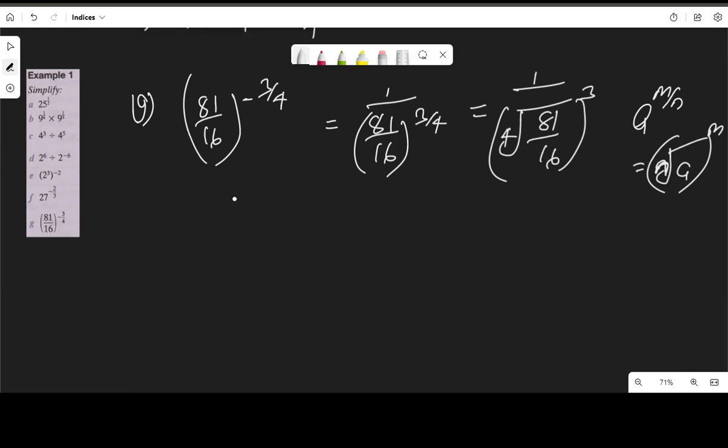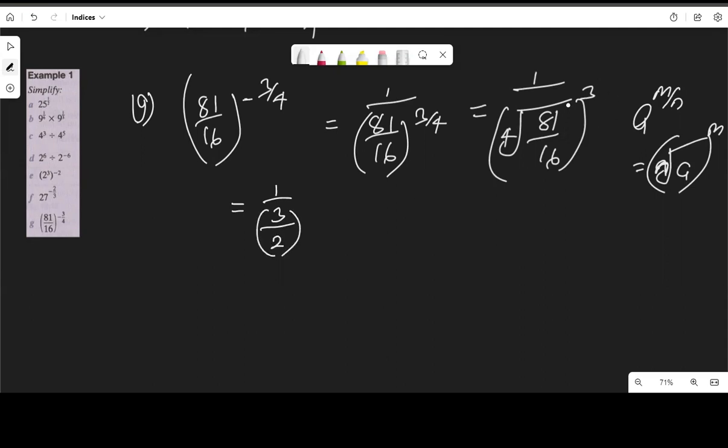And 4th root of 81, that is a number that multiplies itself 4 times to give 81, which is 3. Let me write this one up here first. So this gives us 1 over 3. Then 4th root of 16 is a number that multiplies itself 4 times to give 16, which is 2.